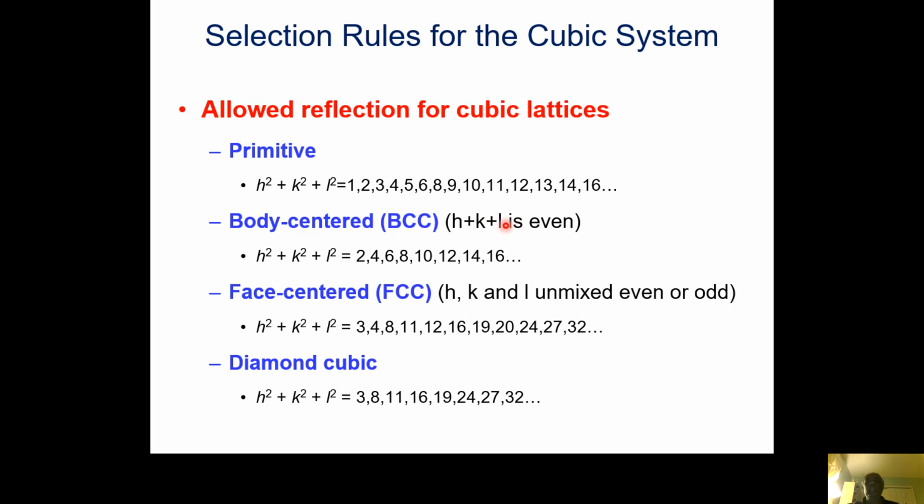But for body centered, remember h plus k plus l, the sum should be even. So that means h squared plus k squared plus l squared can be only these numbers.